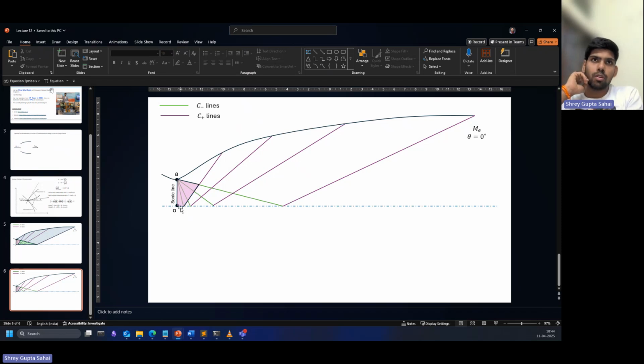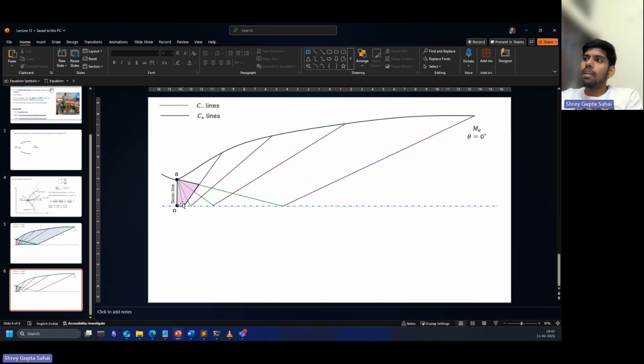If you think about it, this will be very close to the sonic line only. Once the flow is expanded a little bit, the first Mach line, because these Prandtl-Meyer lines or expansion waves are our manifestations. We decide which Mach wave we are going to look at. We call this the leading Mach wave.